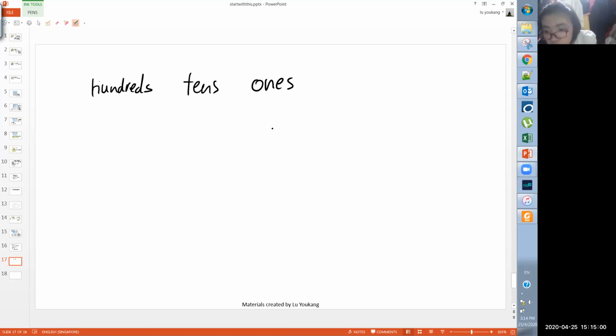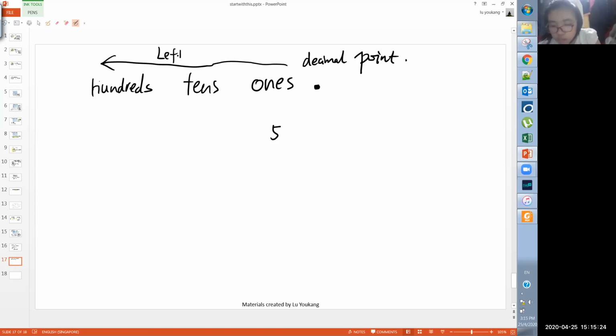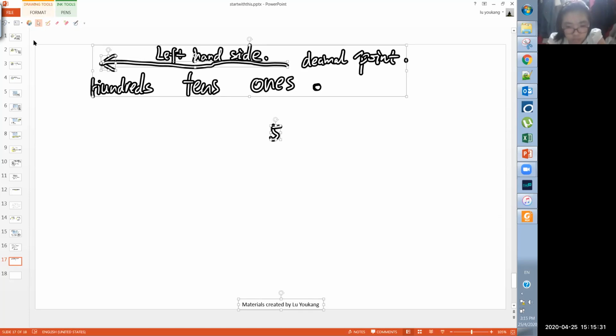Okay. So if you have a 5 in the ones position, here is the decimal point. This is the left hand side of the decimal point.